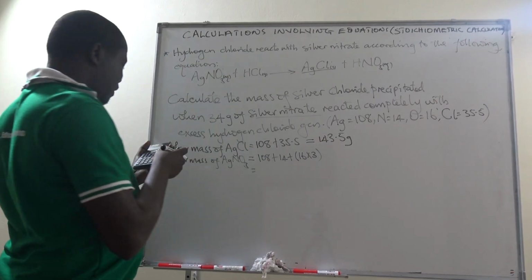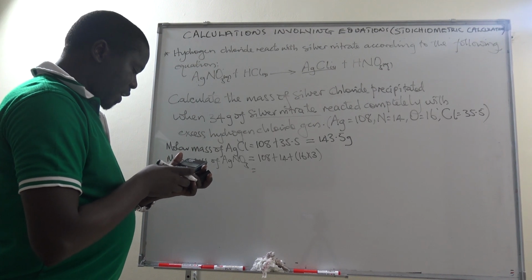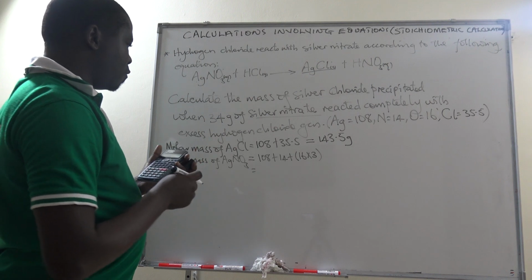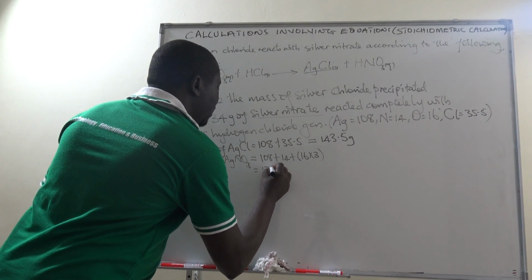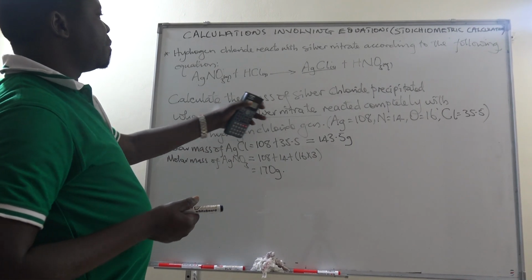So 16 times 3 is 48, plus 14 plus 108, which gives us 170 grams.